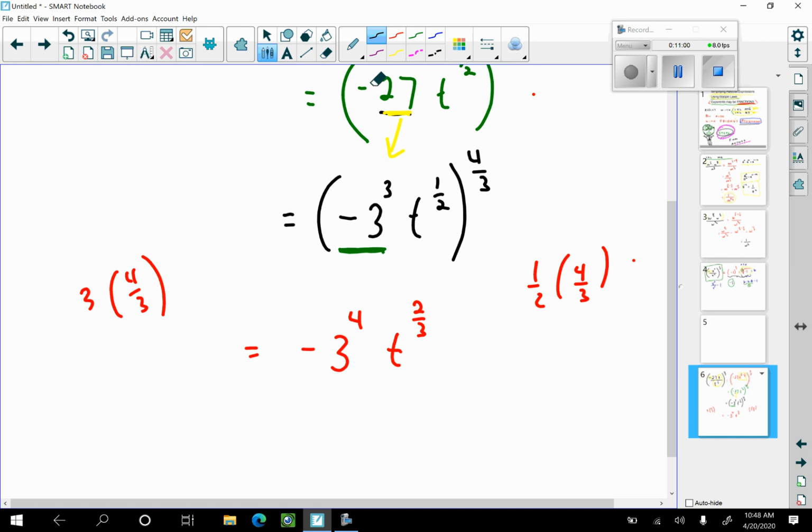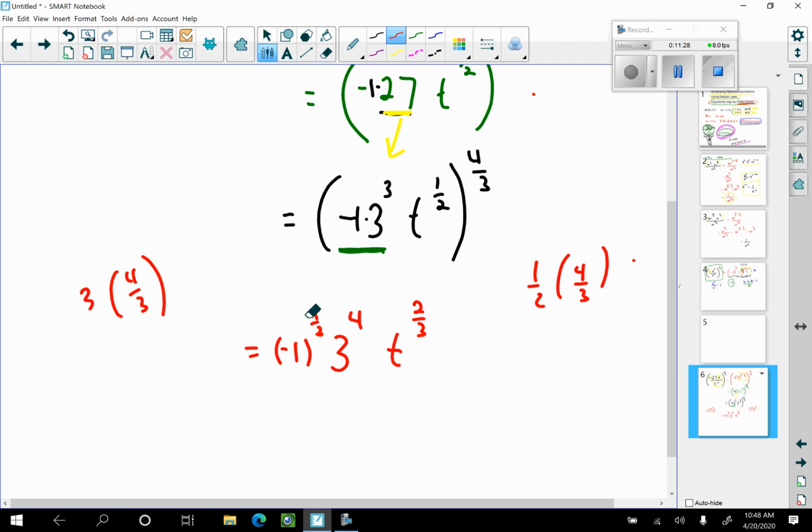And we can write it as negative 1 times 3 cubed. So guess what? The negative 1 also has to be to the 4/3 power. That's tricky. A lot of people will get this wrong because they forget that negative 1. So I'm going to fix the problem and clean it up. And that's negative 1 also to the 4/3 power.